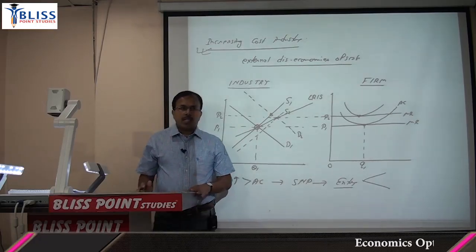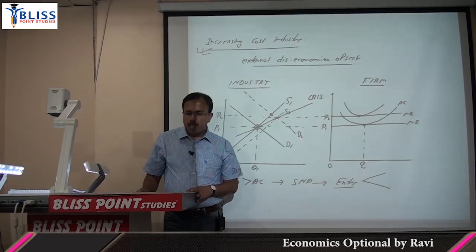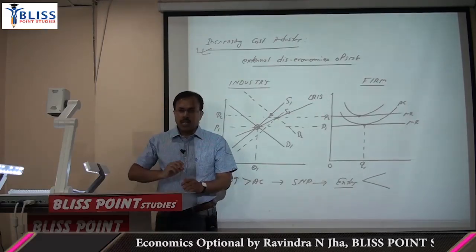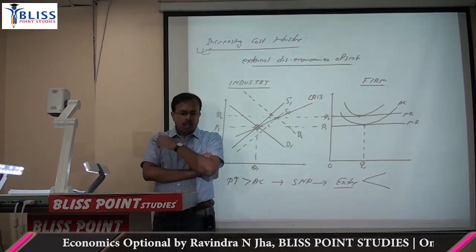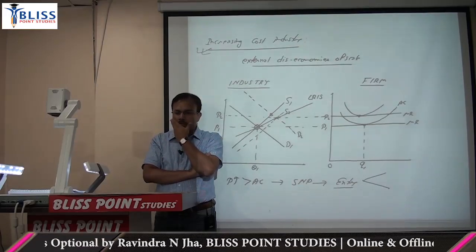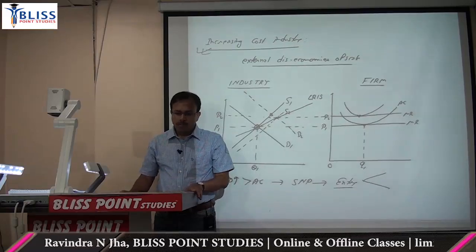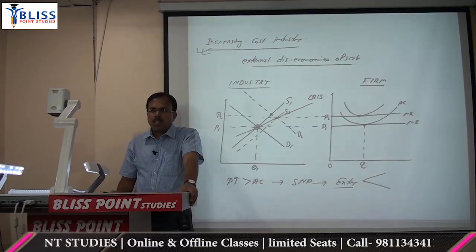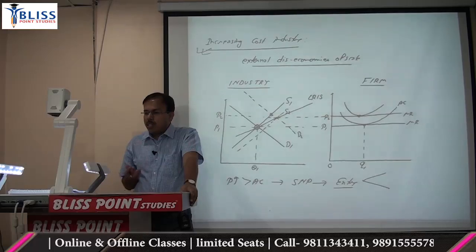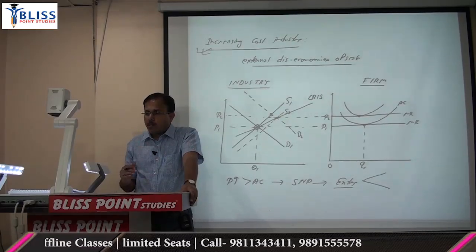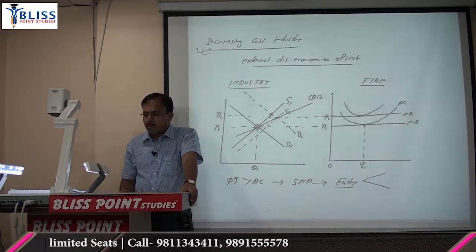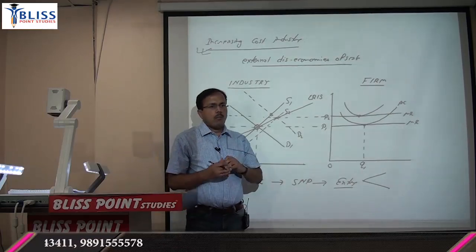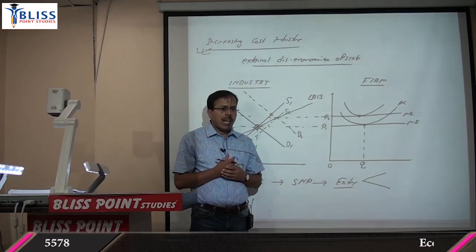An industry is said to be decreasing cost industry if its long run supply curve... An industry is said to be decreasing cost industry if price of input decreases as market expands.